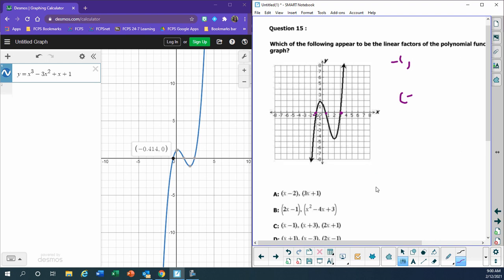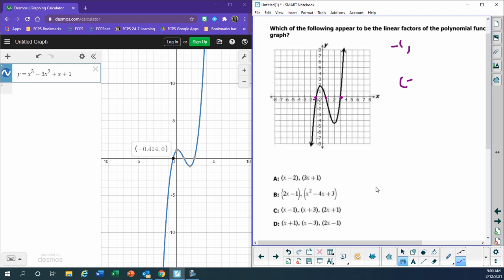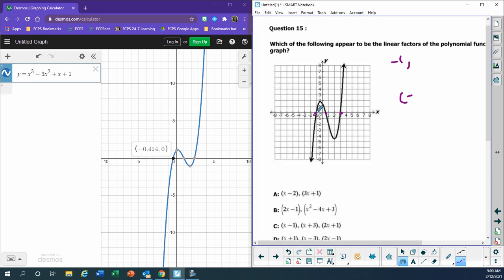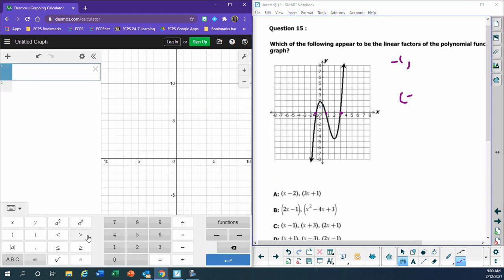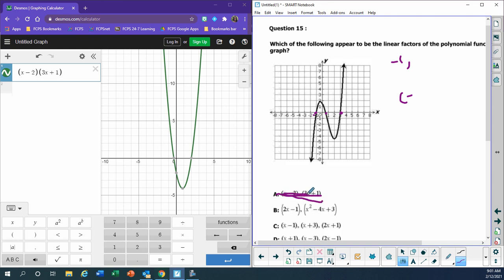I don't know anything, so let's just graph this, right? Open a parentheses, x minus 2. I mean, there's a way to do it by hand, but just 2, close parentheses, open a parentheses, 3x plus 1. Is that the same graph? No, right? That's not the same graph, so A is not working.